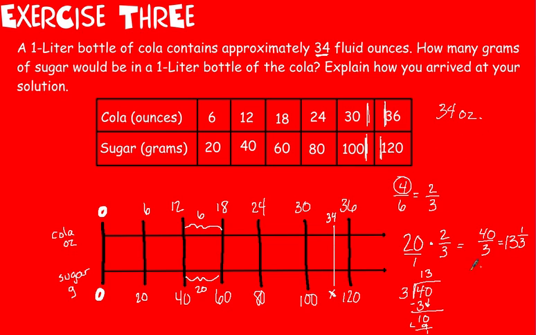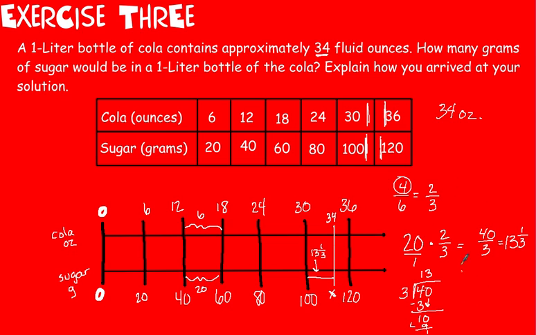What I have to do is I know that from here to here is equal to 13 and 1/3. So I know that I have to take 100 plus the 13 and 1/3 to figure out what this spot is on the number line.